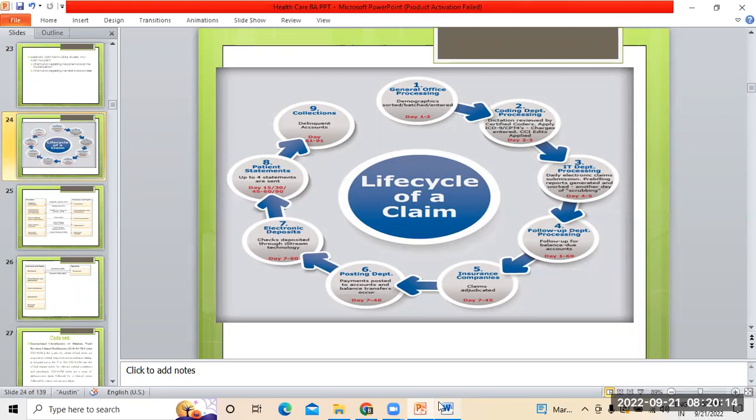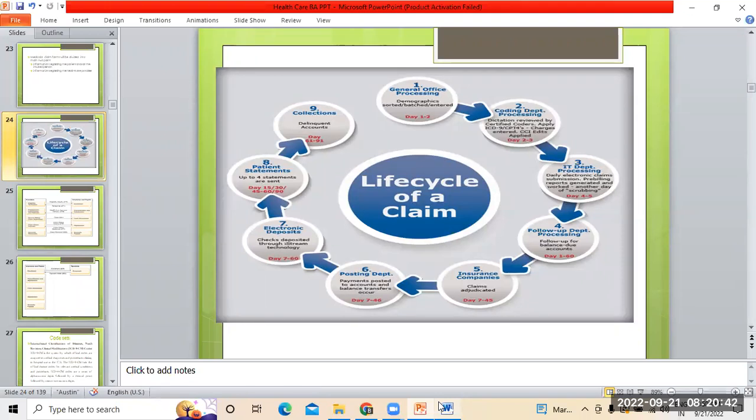We need to provide discharge summaries, case sheets, all these things have to be given. So IT department processing will convert those codes into transactions, meaning whatever codes were used by the medical coding people and generated by them will be processed in the IT department.